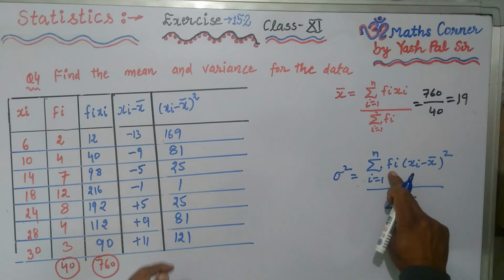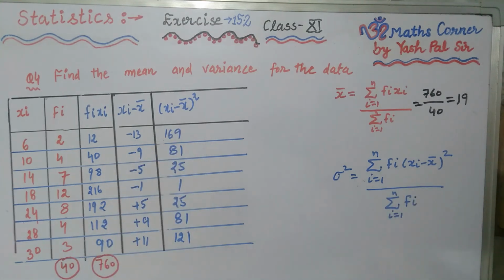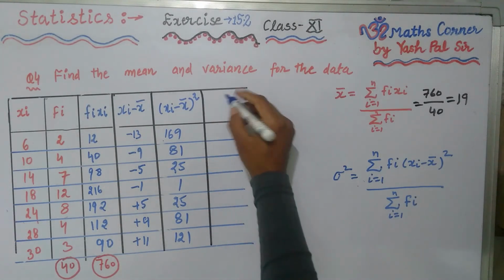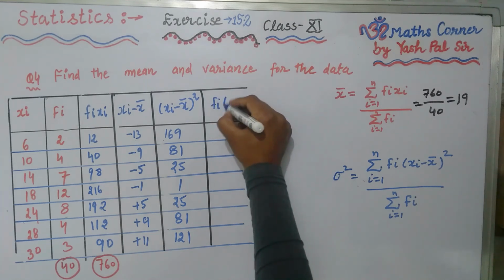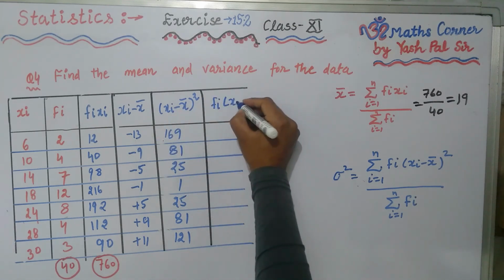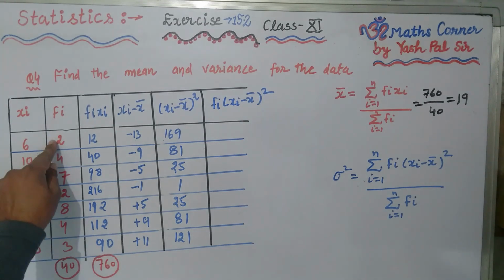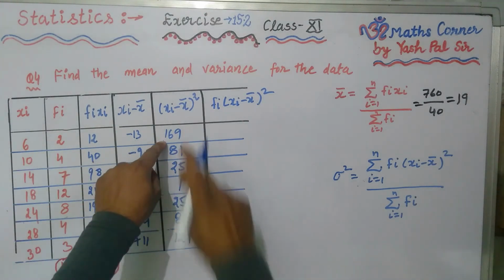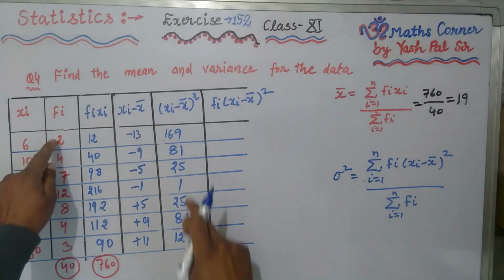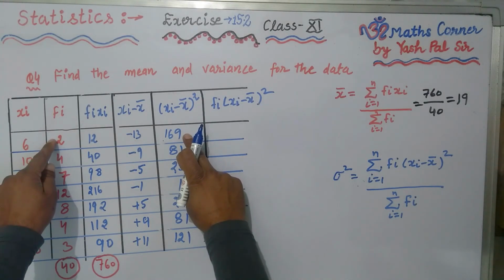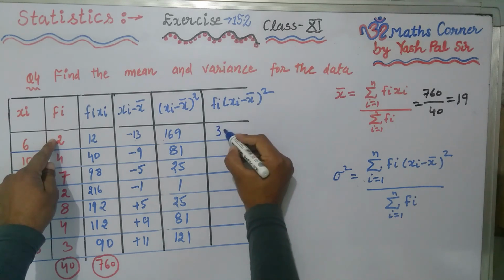Next we need the fi product. The next column is fi into xi minus x bar whole square, that is 2 into 169, result is 338.